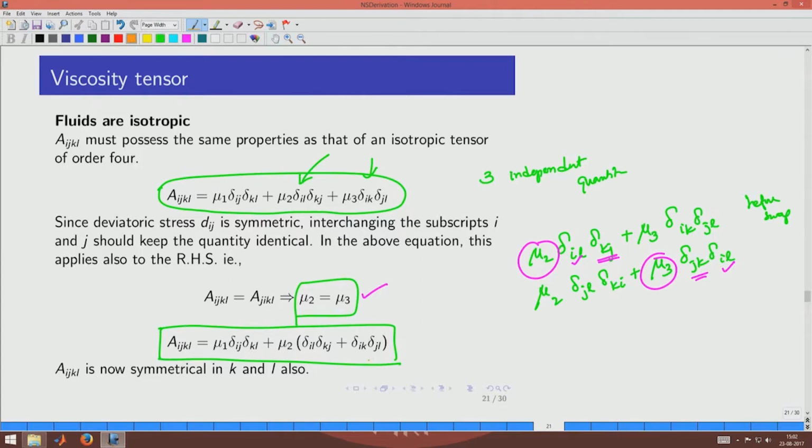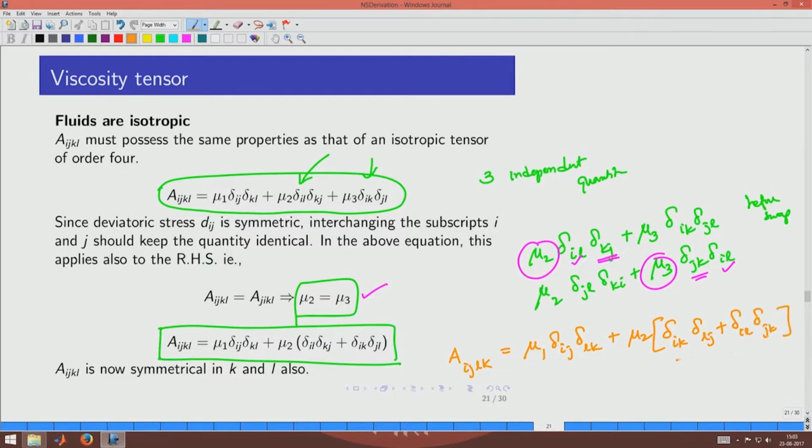So, look at this expression and I will just swap the indices k and l. Okay. So, A, i, j, and k and l I am swapping, and on the right hand side what is coming? Mu1 delta ij delta lk plus mu2 into delta ik delta lj plus delta il delta jk.